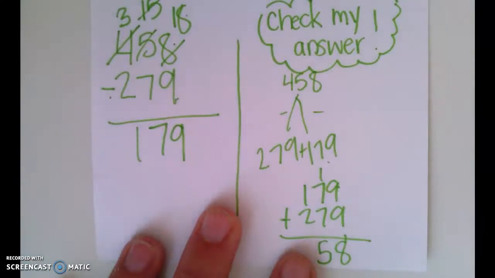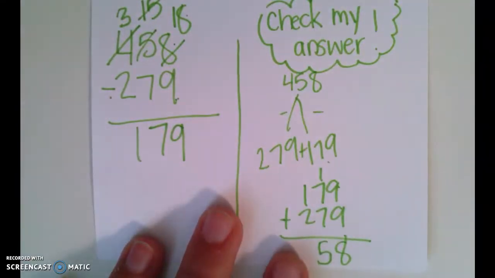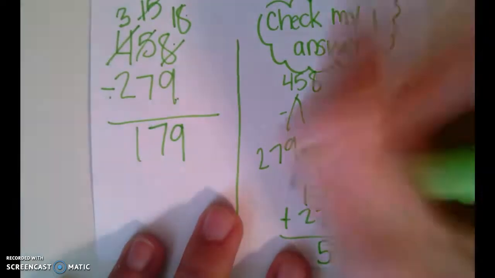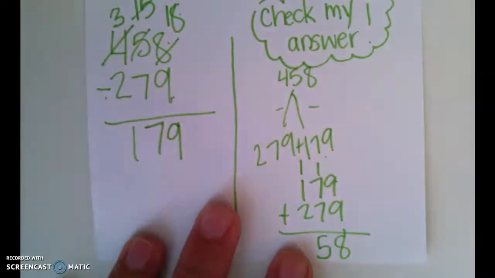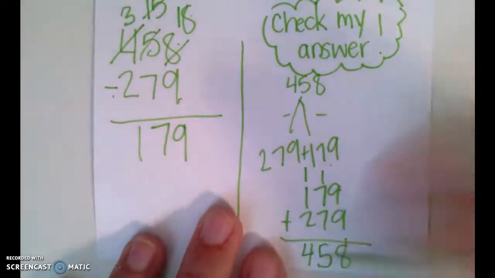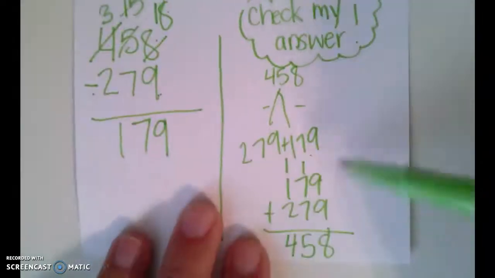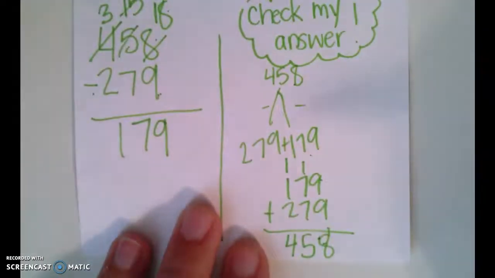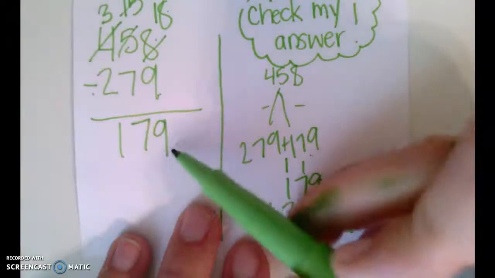How many tens are in 100? 10 tens. So if I have 15 tens, that means I did make a new 100. What's 100 plus 100? 200, plus two more hundreds is 400. So I checked my work. Did I get to the same total? Yes, so I know that this is the correct answer.